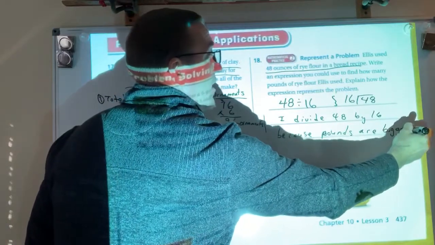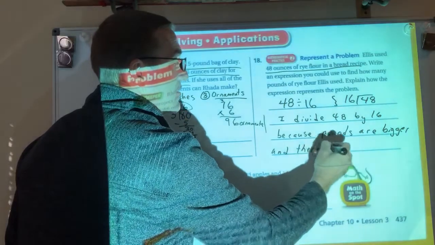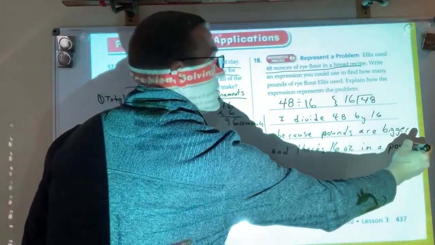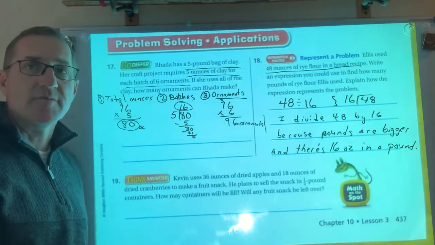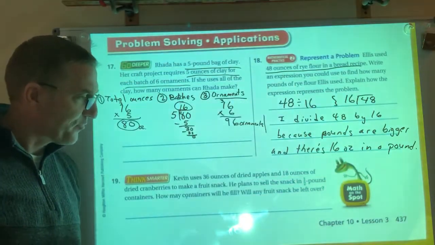That's why I divide. And there's 16 ounces in a pound. Don't tell me you can't see. All right. So now you can pause that, get that down, right? But you just take the expression and explain it as best you can.